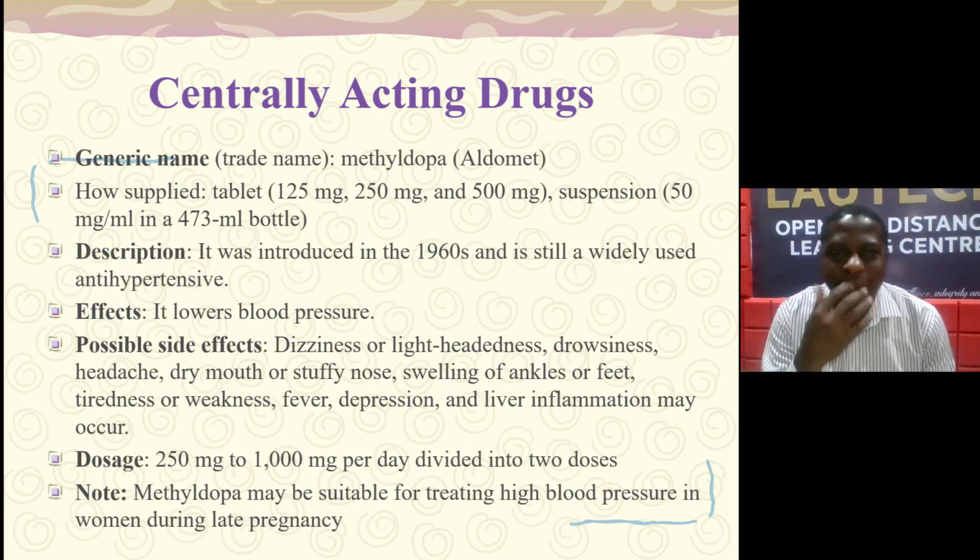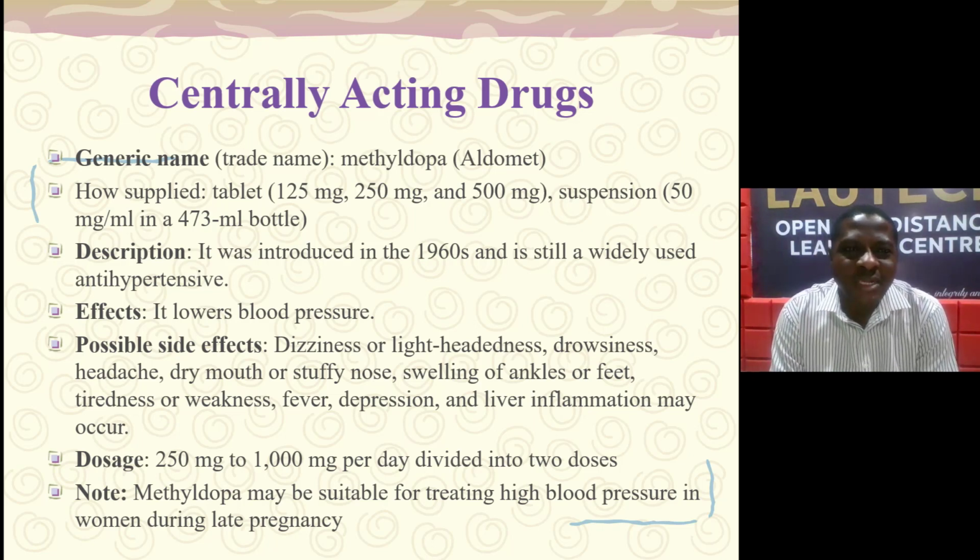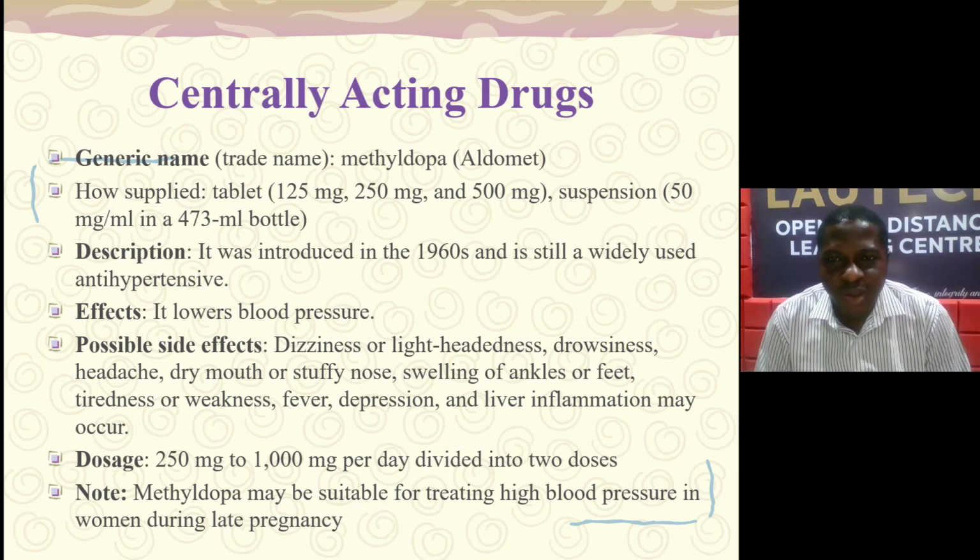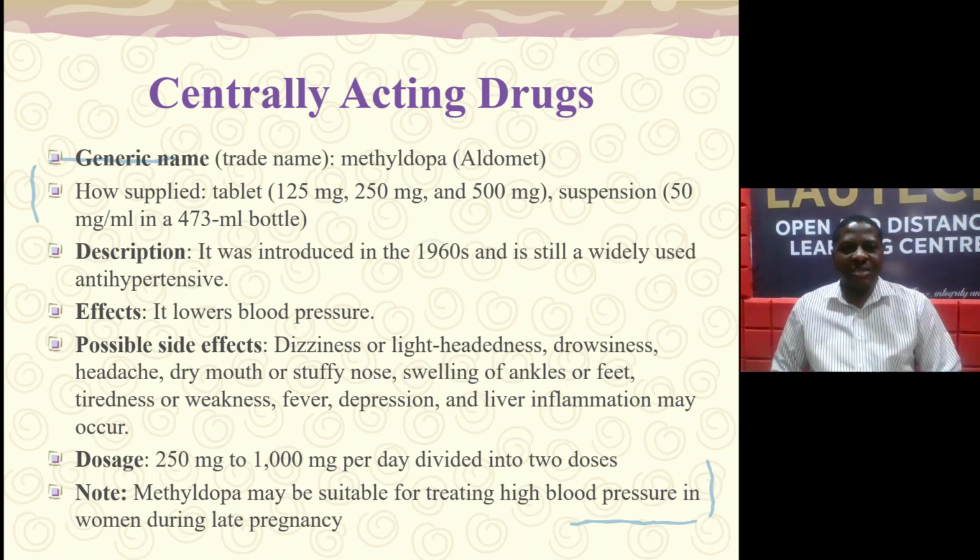Still on centrally acting drugs, we are still on the examples. Another example is methyldopa, Aldomet. I think this is one of the commonest centrally acting drugs, majorly used for hypertension. It is supplied in tablet form of 125 milligram, 250 milligram, and 500 milligram.